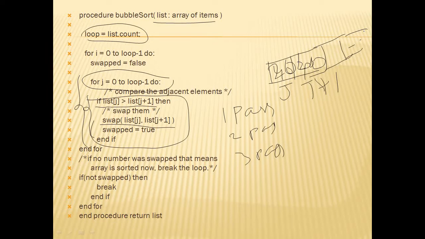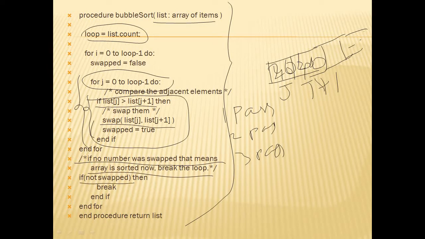Sometimes they may ask for an example: what do you mean by bubble sort, with example and algorithm also. So go through this algorithm, and if you have any doubts, please feel free to call me. Others can clarify their doubts through WhatsApp. If no swap happened, that means the array is in sorted order.